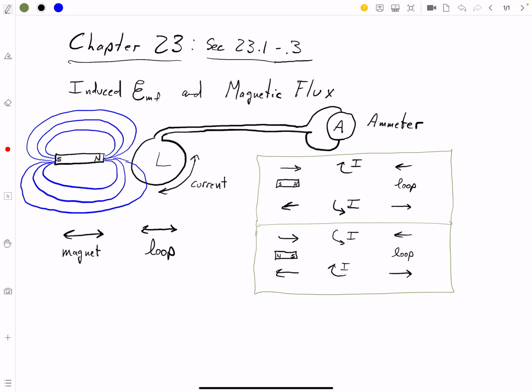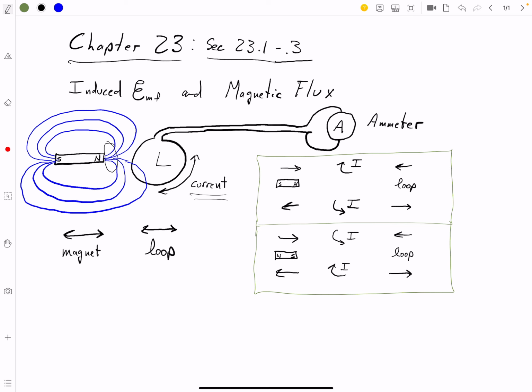Okay? And if you can see these magnetic field lines, the further away you are with the magnet from the loop, the lower your magnetic flux. Then gradually, as you get closer, the magnetic flux gets bigger and bigger, and therefore you're putting more magnetic flux through the loop, and that will generate a current.